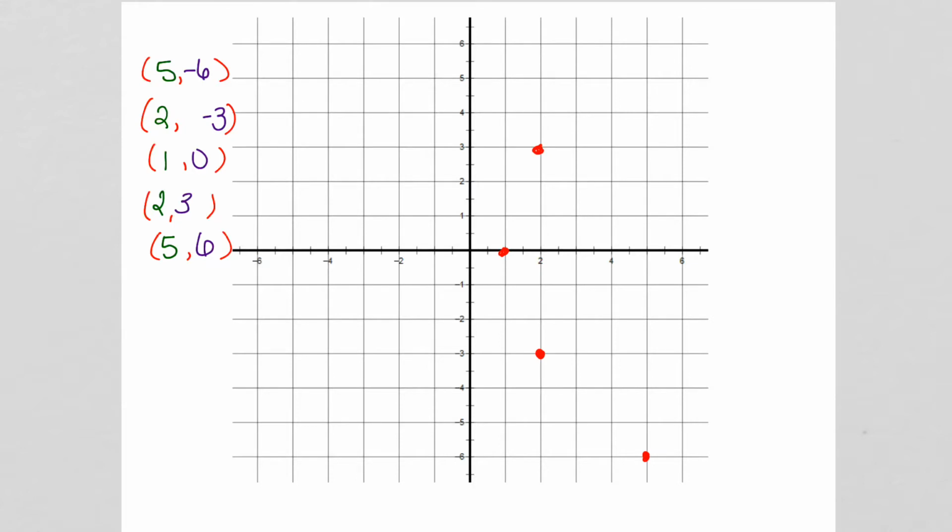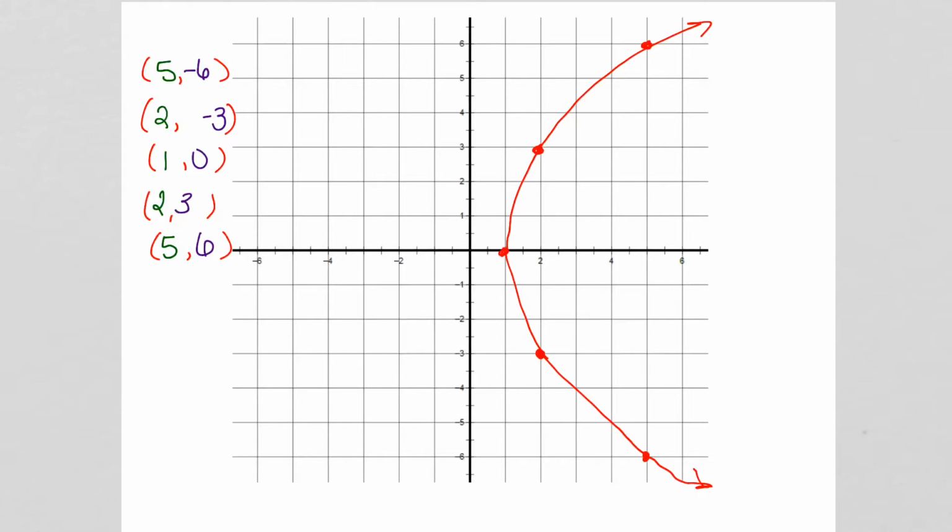And 5, 6. And so what we've got here is a parabola that opens to the right. So we've graphed it with two functions, but it's not a function.